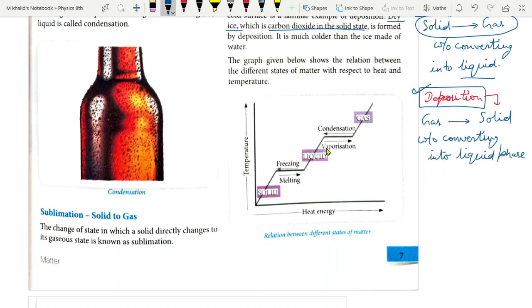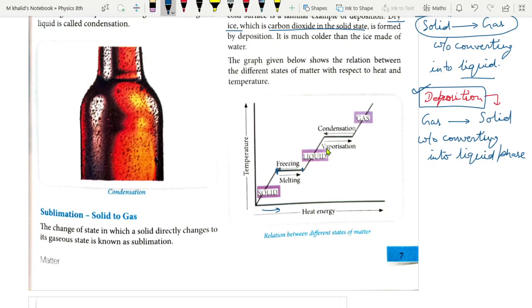Here, the relation between solid, liquid and gas and the heat and temperature is given. If matter is present in the solid phase and you raise the temperature, or supply heat, it starts converting into liquid. It will melt, but while it is melting, its temperature will not change.